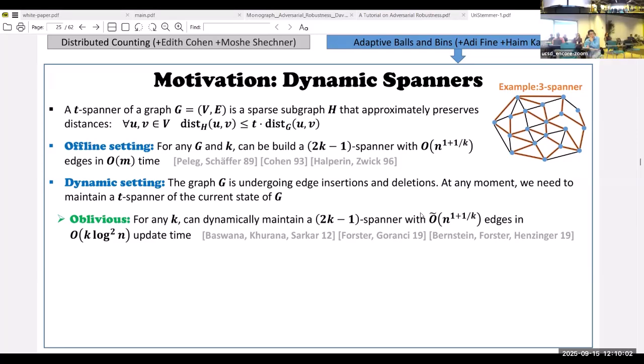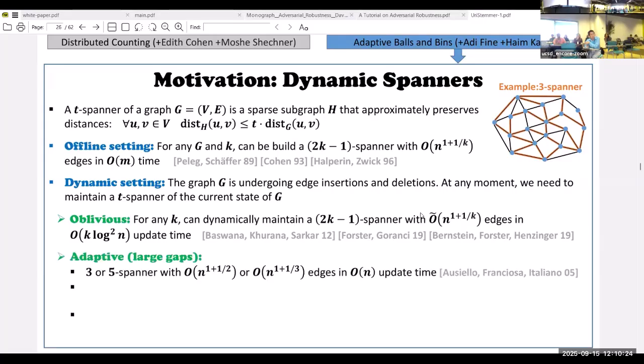And the main quantity that you care about is the runtime per edge insertion or deletion. In the oblivious setting, the runtime you need per edge insertion or deletion is polylog n. So we're happy. Again, there are lower order questions here, but at the high level, problem solved in the oblivious setting. Okay?